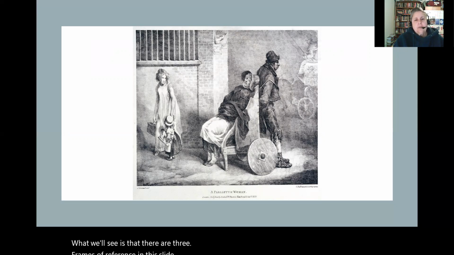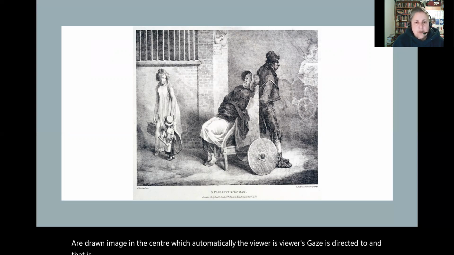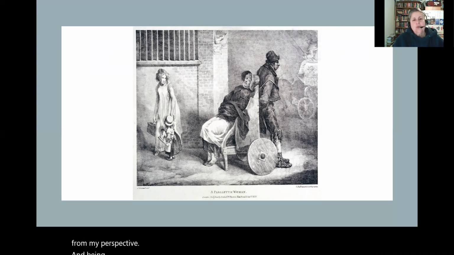There's the blackened, heavily drawn image in the centre, which automatically the viewer's gaze is directed to, and that is of a middle-aged woman in a fairly makeshift wheelchair. Actually, it looks more like a cart from my perspective, and being pulled along eastwards on this streetscape somewhere. In fact, it almost looks like the footpath or the pavement ends.